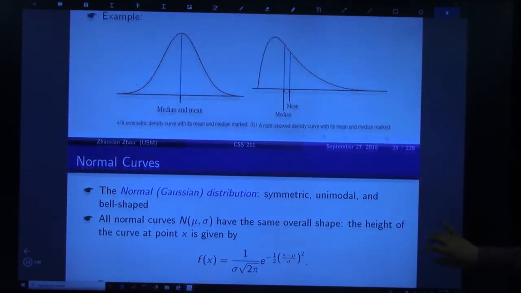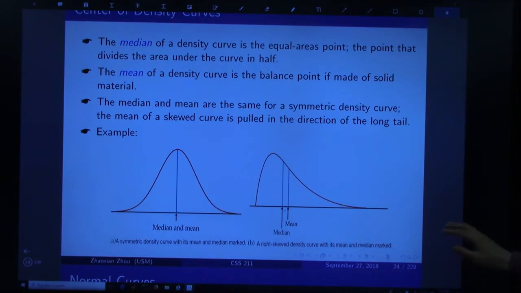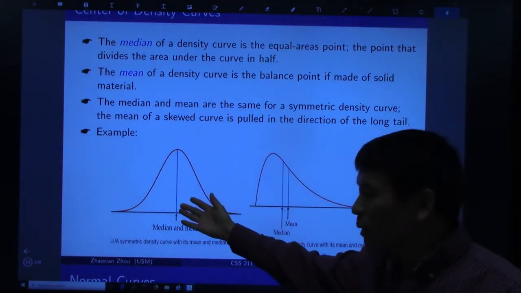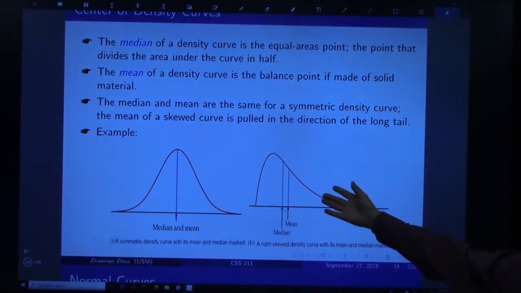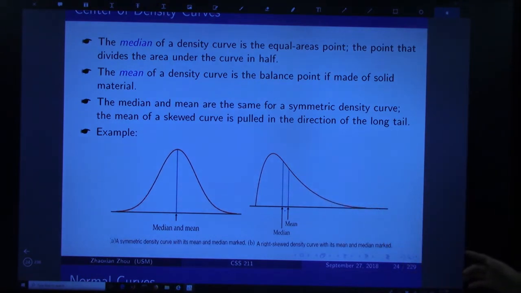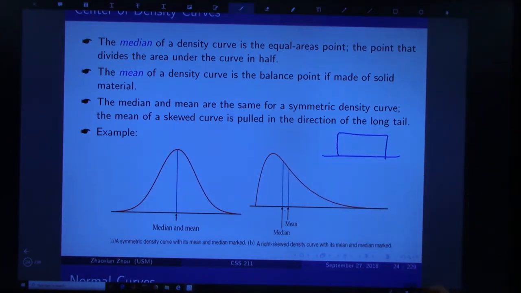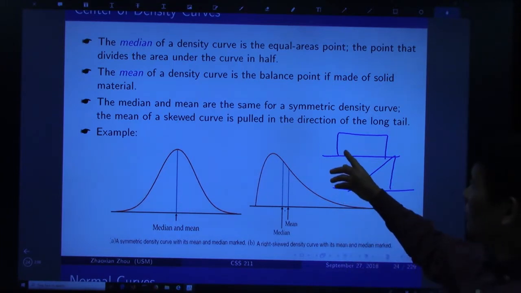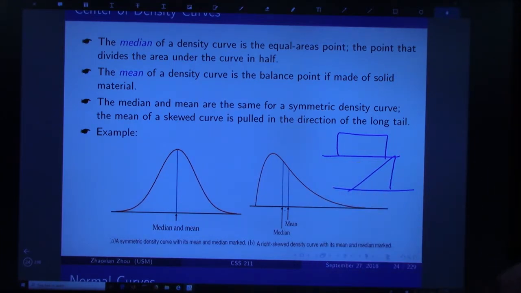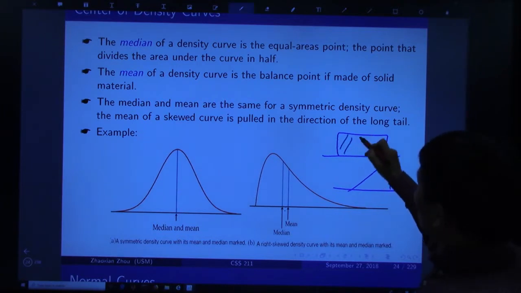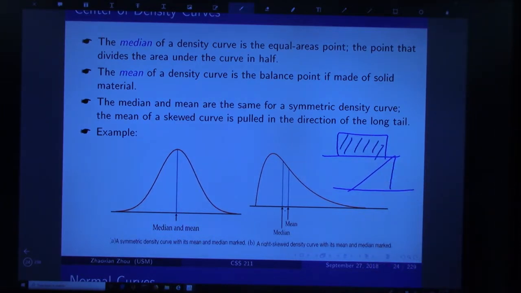There are a lot of density curves. The density curves are not necessarily like this. Actually, a lot of curves can be a density curve. For example, if we have something like this, this one can be a density curve. And this one can also be a density curve. One requirement is that this area must be equal to 1.